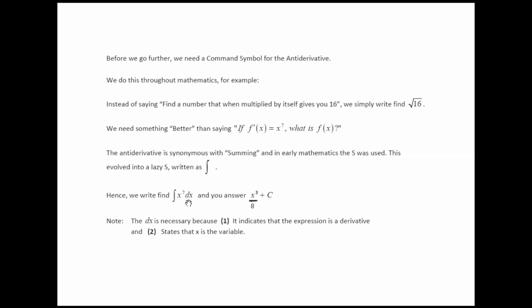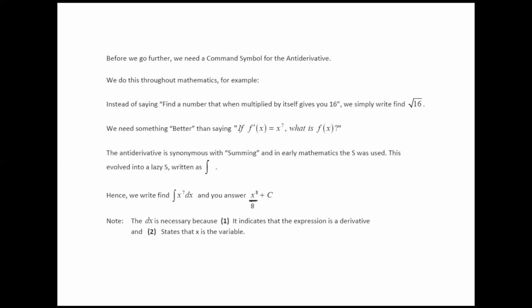That's necessary. And so we have a note here that states that. In addition, the dx tells us that the x is a variable, and that's not so dramatic here because we only have x as our variable. But if you have an expression, say, in terms of x and y, then the dx indicates that at that part of the problem, x is the variable.